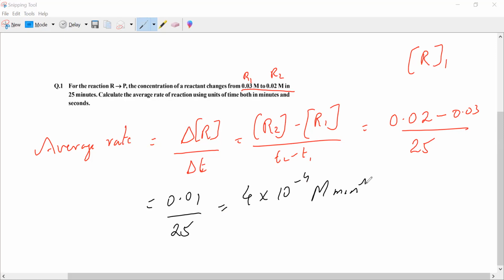This is in minutes. Suppose I want to do it in seconds, what will I do? This is in mole per minute. In seconds, I just divide by 60. The same thing: 4 into 10 power minus 4 by 60.